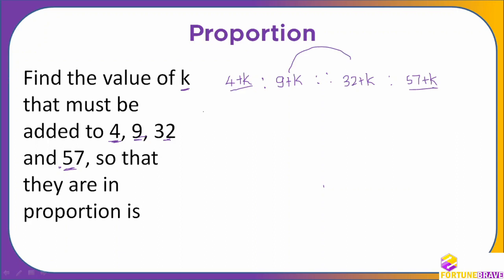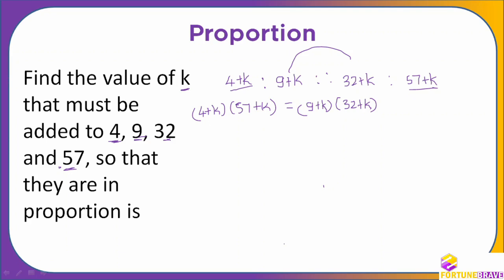So I'll write it. 4 plus k into 57 plus k is equal to 9 plus k into 32 plus k. Once you solve this, because there is one variable and one equation, you should be able to solve.